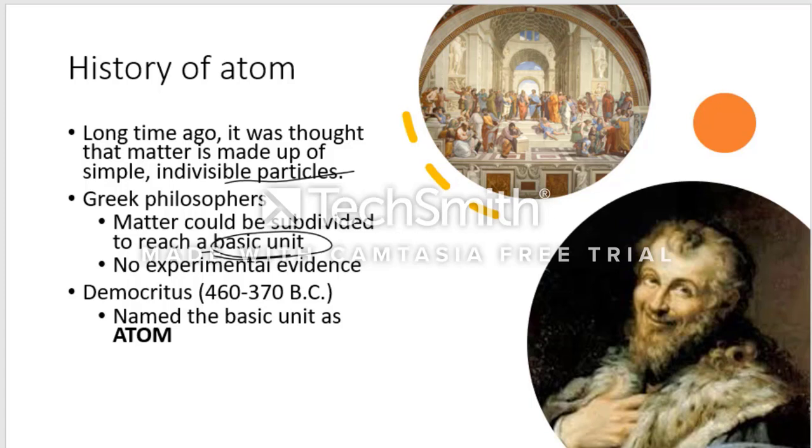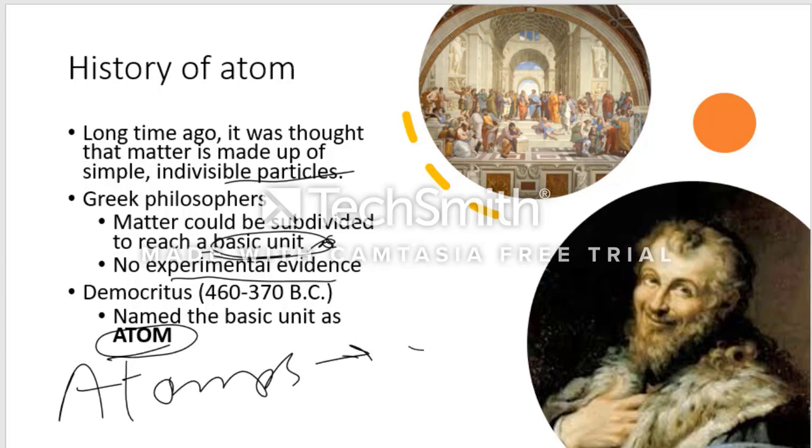This was only based on theory, but they had no experimental or practical approach to back up this theory. Democritus named this basic unit the atom, which was derived from the word atomos, which means indivisible, which can never be further subdivided.